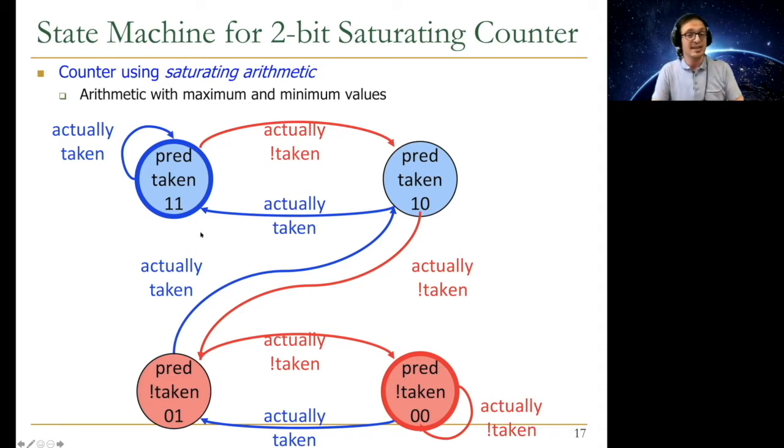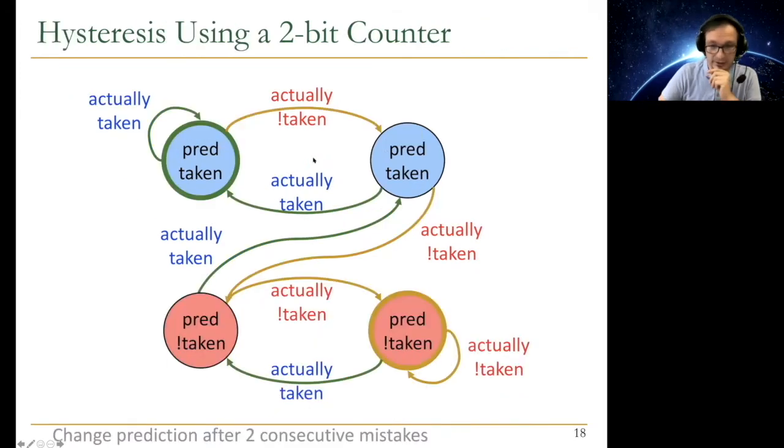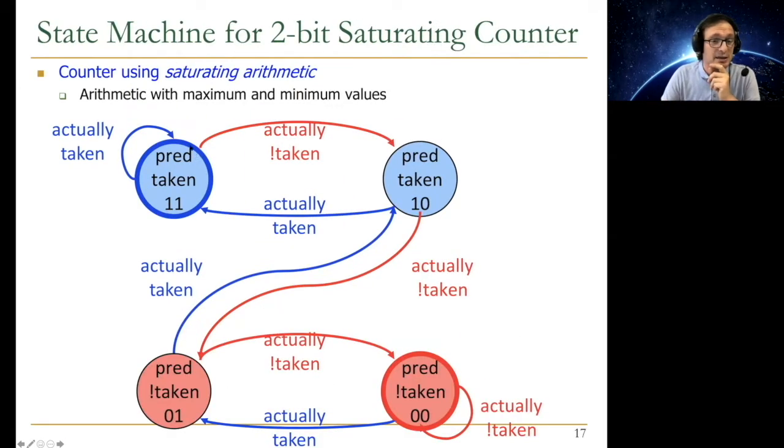Now, you can see that if we somehow get into the predicted taken state, we're basically thinking the branch is strongly predicted taken. We need to see 2 opposing outcomes to actually go to a state where we predict the branch as not taken.